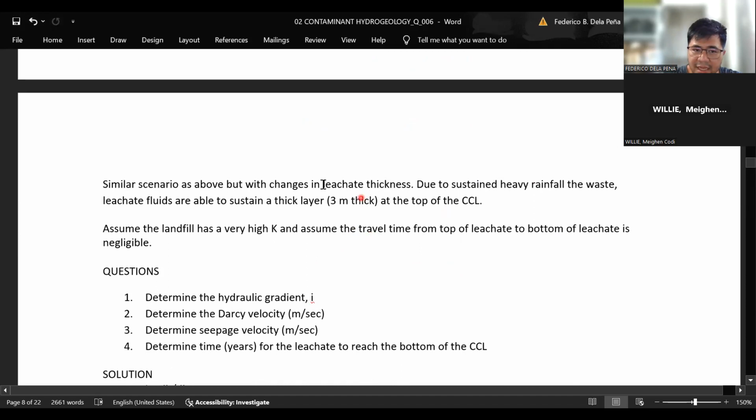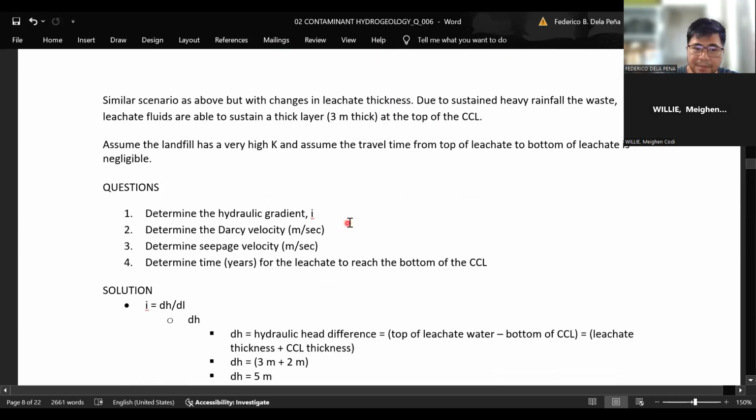Again, you essentially have the same parameters except that your leachate now has a thick layer about 3 meters thick above the CCL.